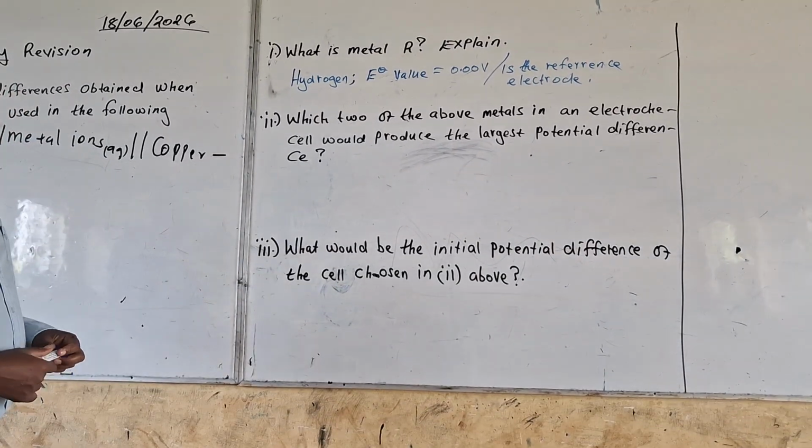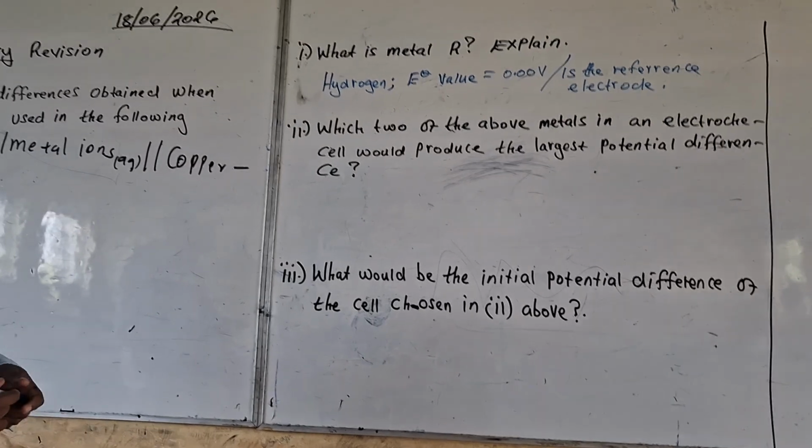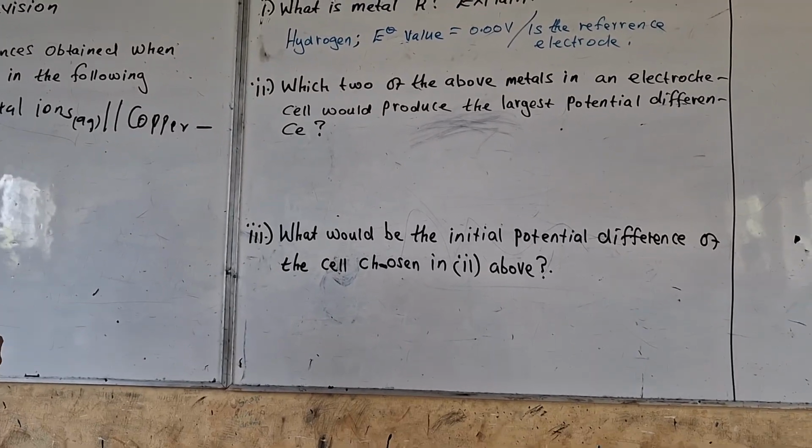Which two of the above metals in an electrochemical cell will produce the largest potential difference?